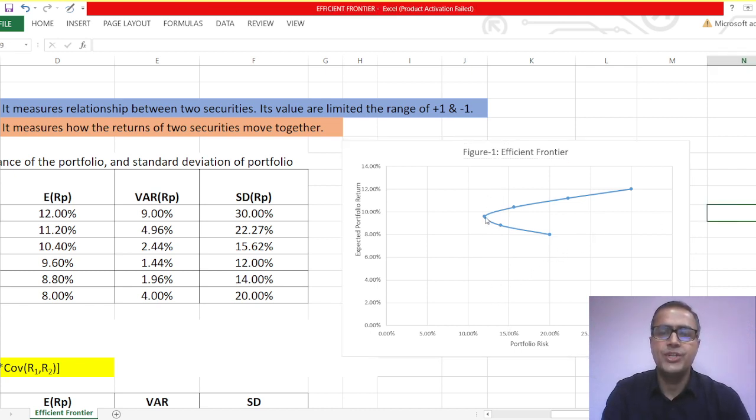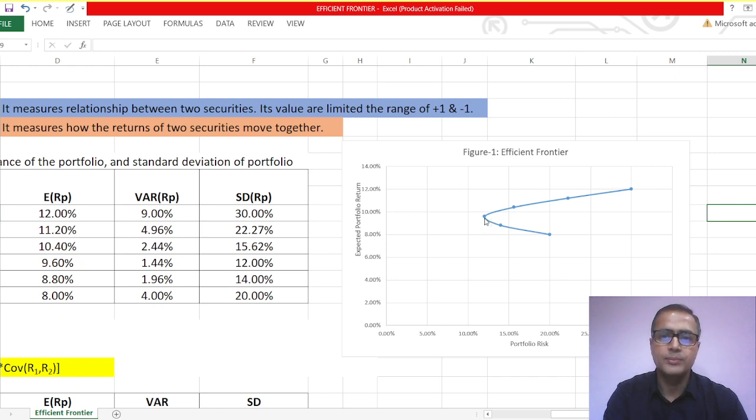Now an important point is that as per Markowitz, look at these combinations. As an investor we try to maximize our returns at the minimum level of risk, right? For example, all the combinations of this set are the efficient frontier, while below this line, those would not be efficient. We say that is suboptimal.